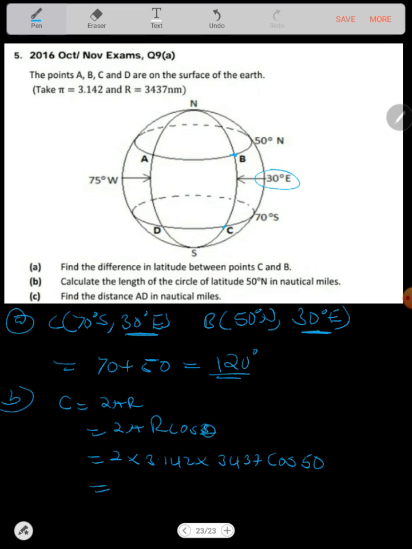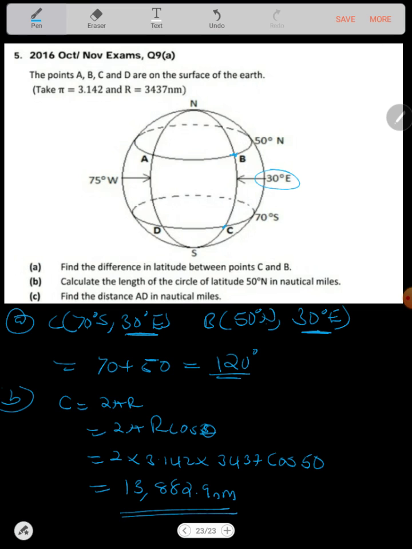We say cos 50 times 34.37 times 3.142 times 2. And you are getting a distance of 13,882.9 nautical miles. That's the circumference. That's in a small circle.